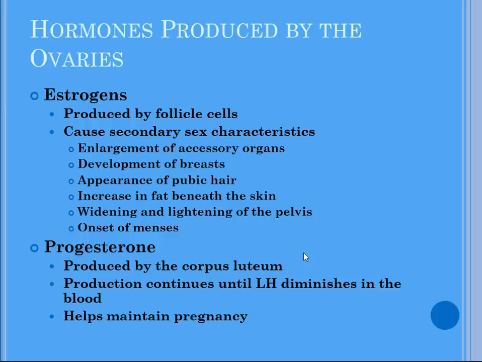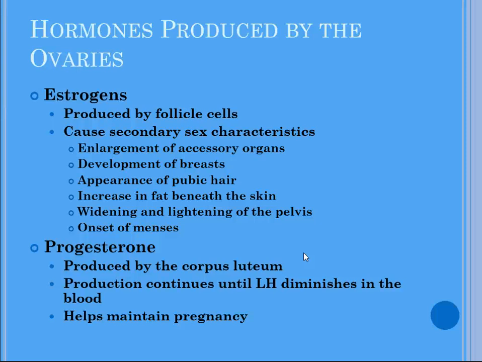We also have a widening of our pelvis, and that's so we can get the baby's head through it when we get pregnant. And then, of course, menstruation. And this is something that men don't do because they're producing sperm all the time. So we have this very complex cycle that allows us to release the eggs. Now, the progesterone is produced by the corpus luteum, so this is the thing that signals that all of this is over.